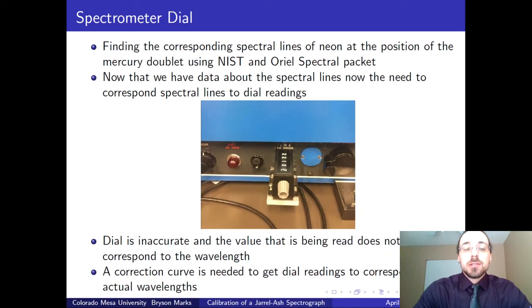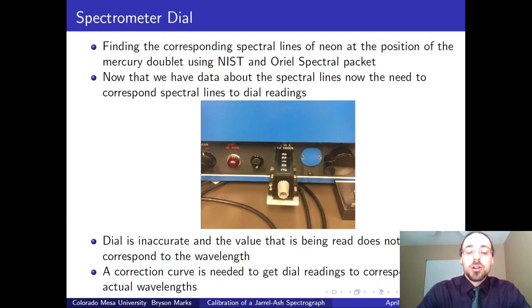Now that I have data about the wavelengths of these spectral lines, I am able to find these spectral lines and record a dial reading that corresponds to those spectral lines. This will enable me to write a correction curve or see if I need to reanalyze my data.